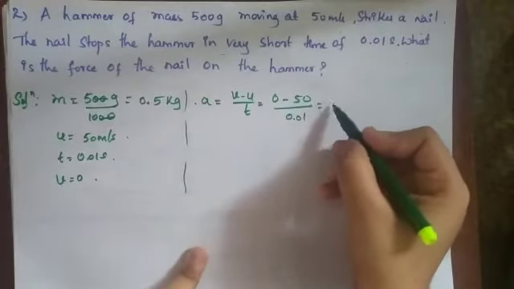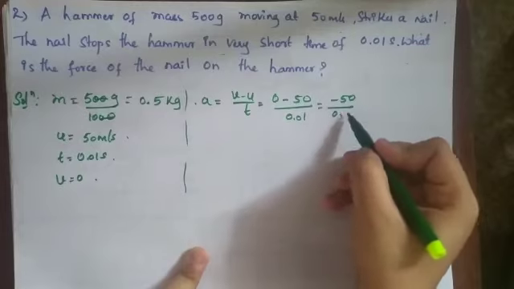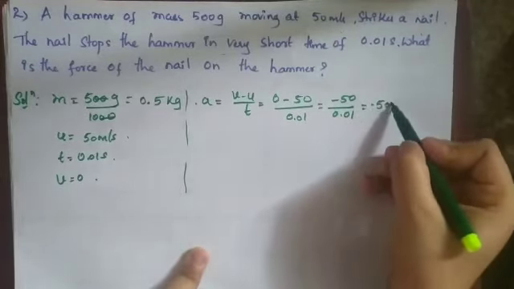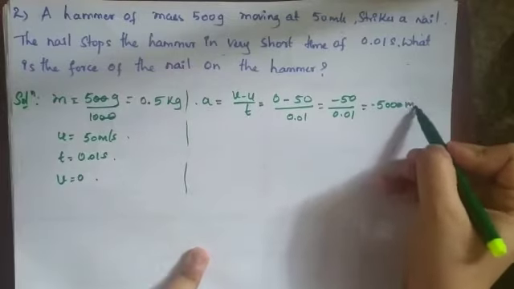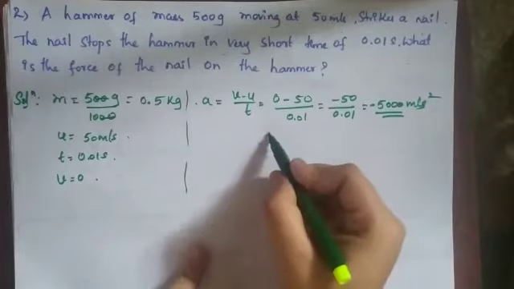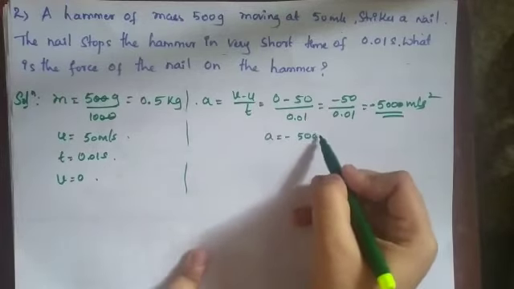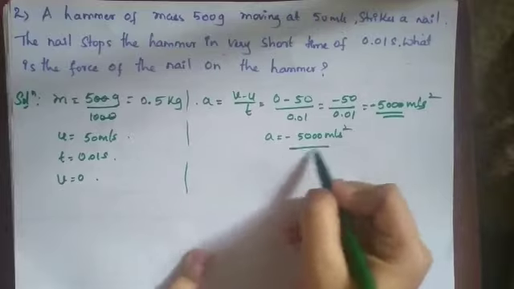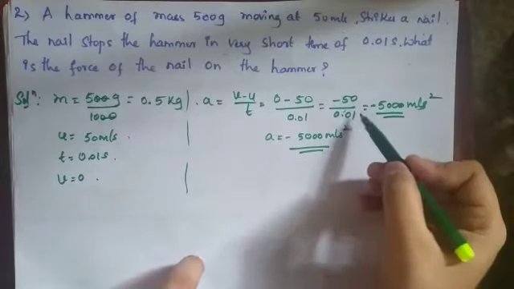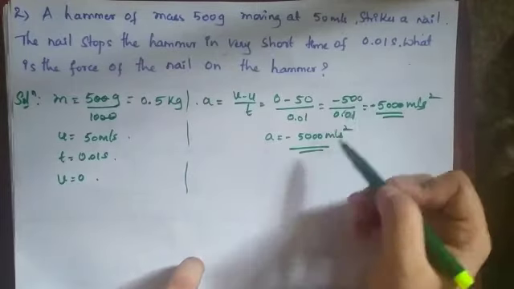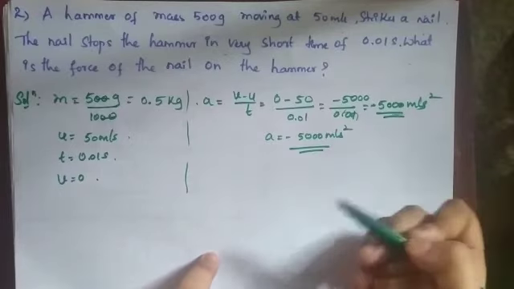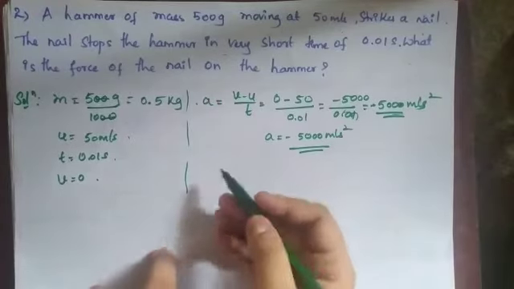So I'll get minus 50 by 0.01, which is minus 5000 meter per second square. The acceleration value is minus 5000 meter per second square. Here I have shifted the point: one point shifted means 10, another point shifted means I'll get 5000 divided by 1, which is 5000 itself. So you know how to do that.